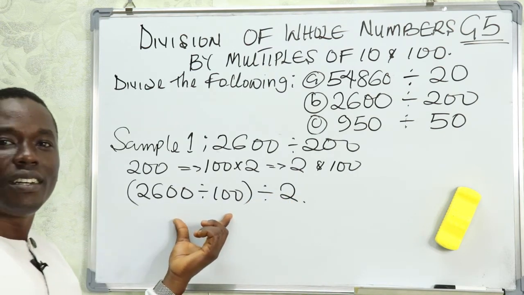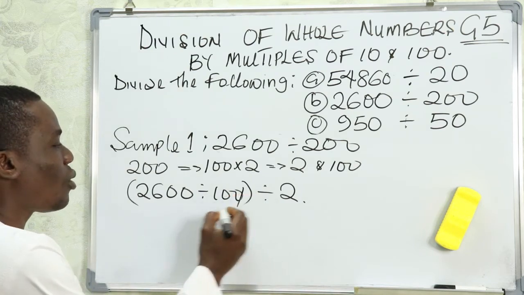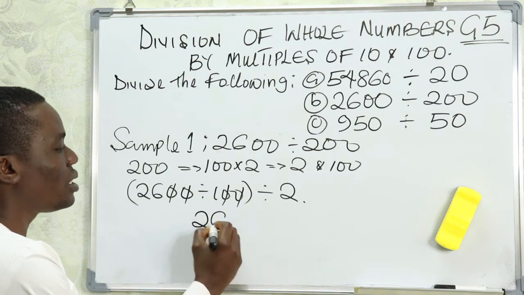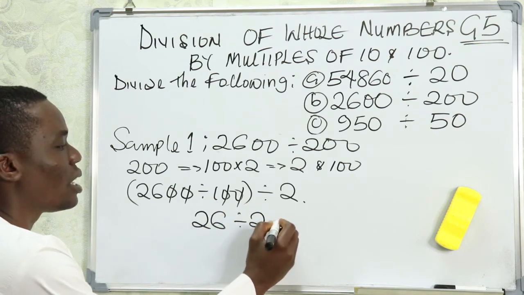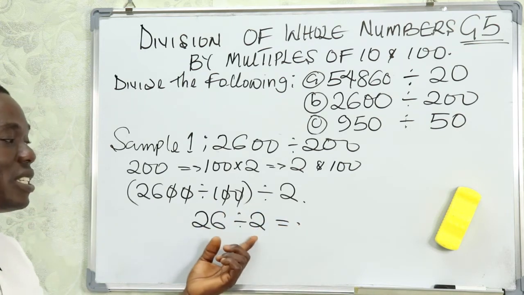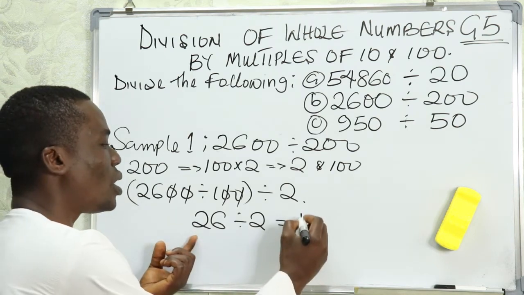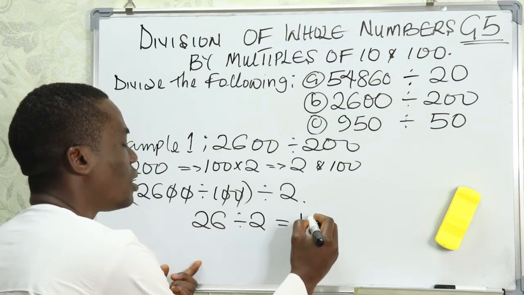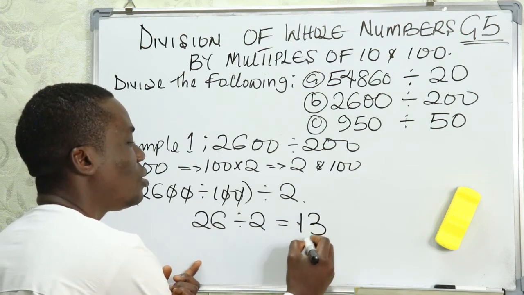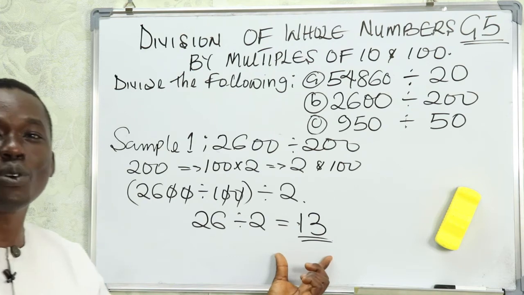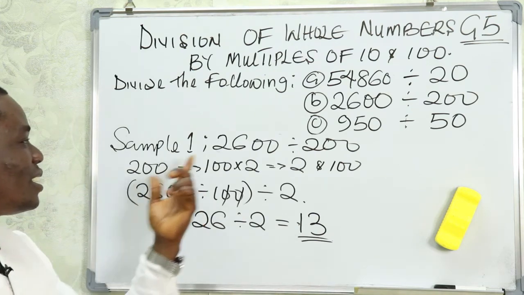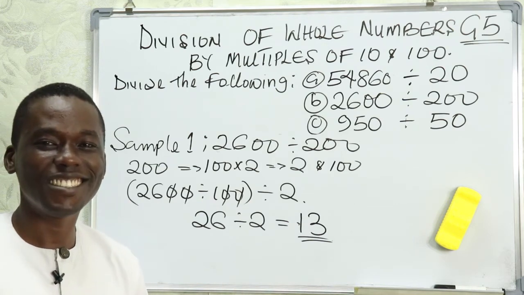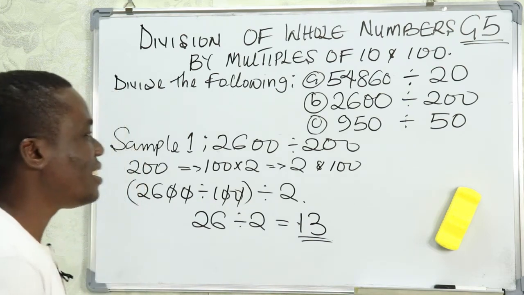Remember, by standard, this zero will cancel this zero, this zero will cancel this zero. So we'll have our 26 remaining divided by 2. 2 divided by 1 will give you 1. 6 divided by 2 will give you 3. So you see, the final result is 13. 2600 divided by 200 is just 13.